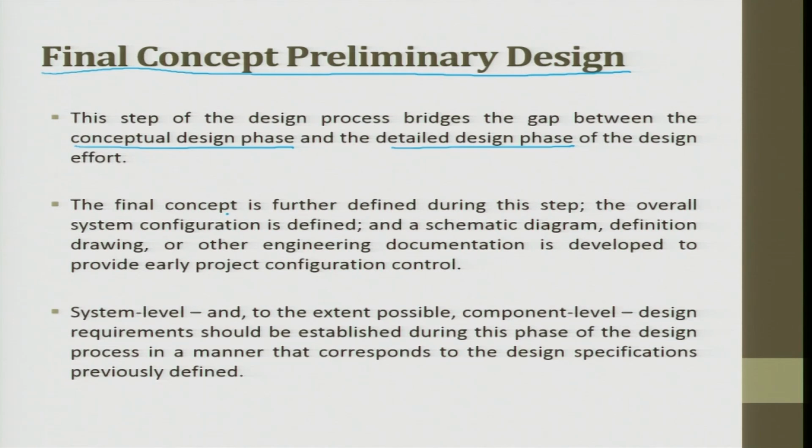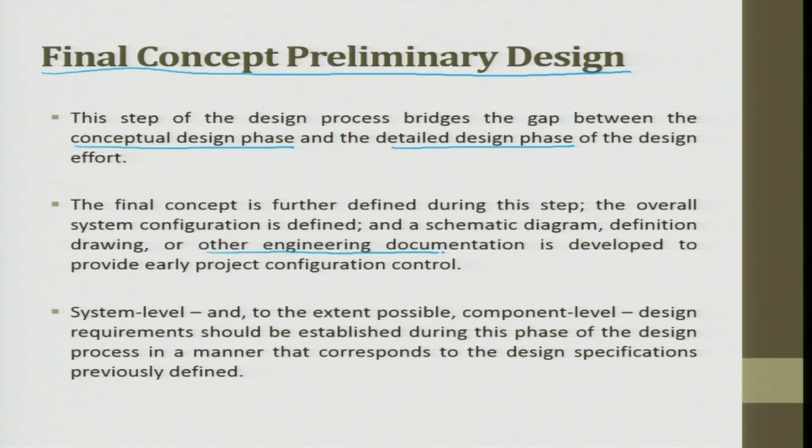The final concept is further defined during these steps. The overall system configuration is defined and a schematic diagram, definition drawing or other engineering documentation is developed to provide early project configuration control.